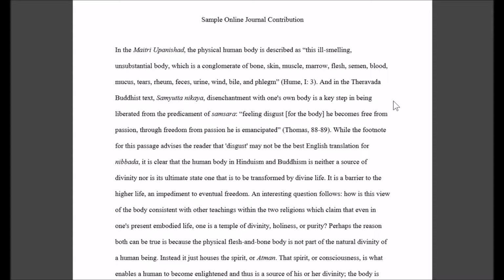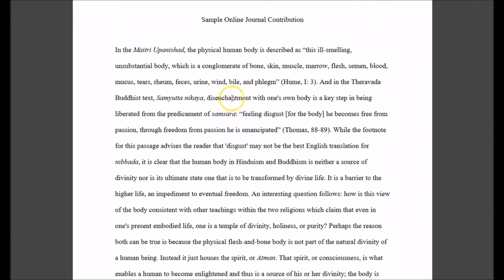Okay, so a couple things about this sentence. Again, a very, very well integrated quote, although using the colon, she decided to make the quote stand aside from what she was saying, which is fine. Then here, and up here, Maitreya Upanishad and Samyutta Nikaya, the titles are appropriately italicized. That's good.